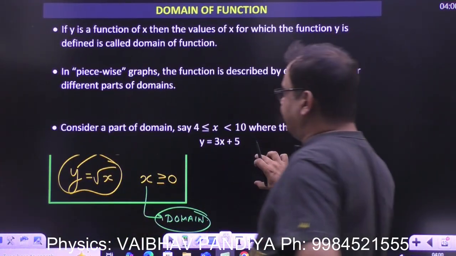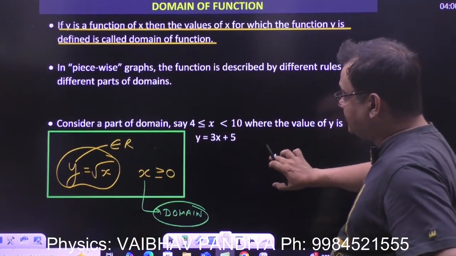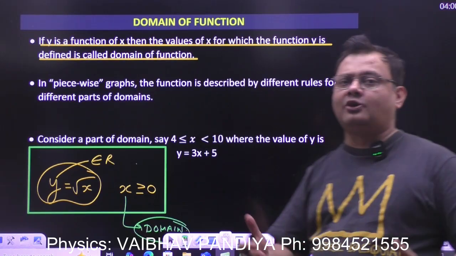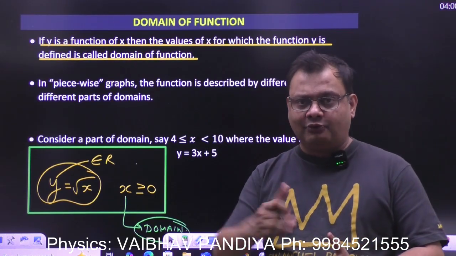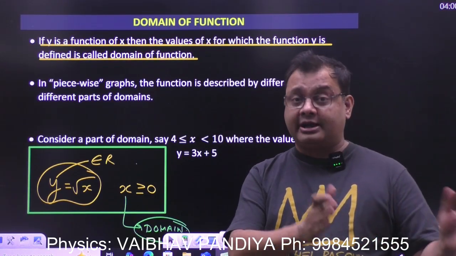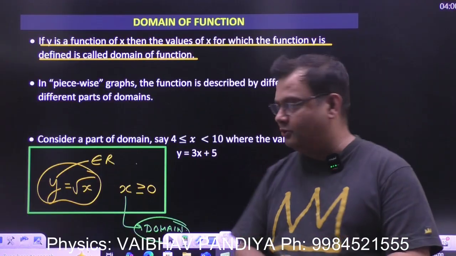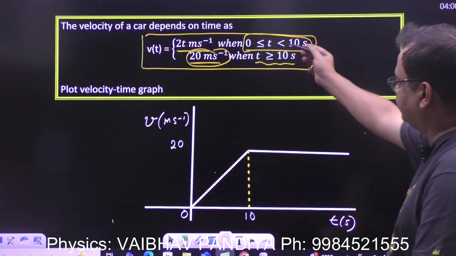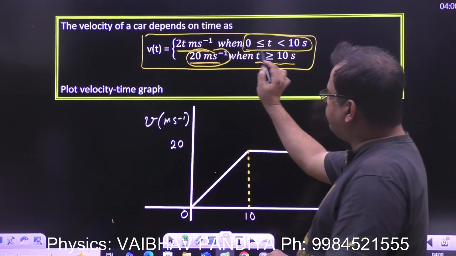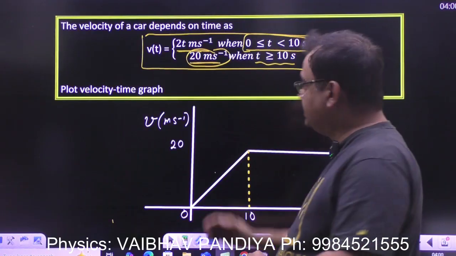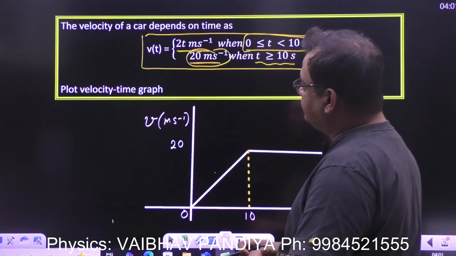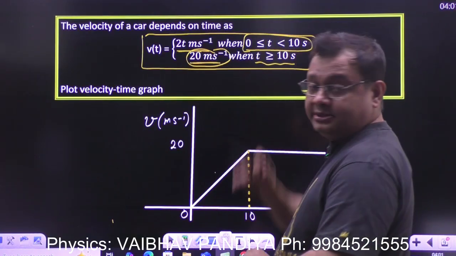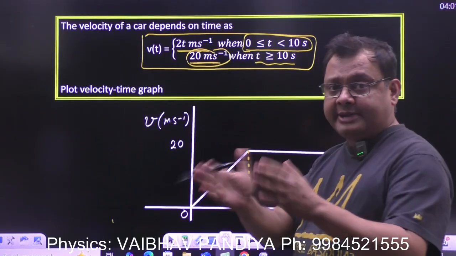In simple language, domain is the set of values of the independent variable for which the value of the dependent variable is defined in the function, okay? Like in this illustration, the independent variable is t and the dependent variable is v, so v is a function of time.